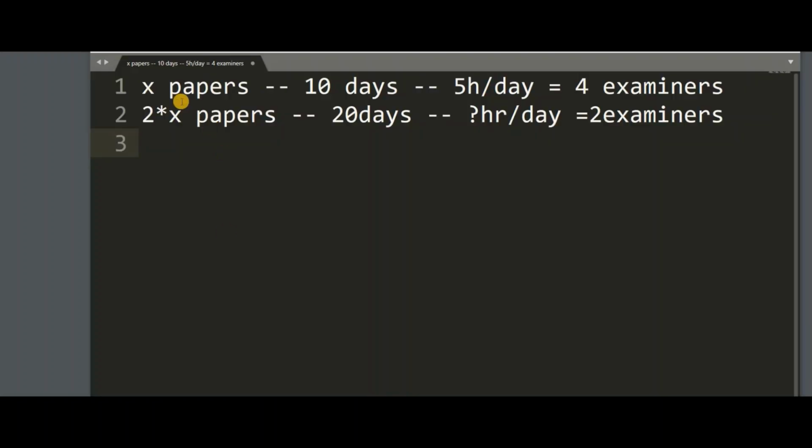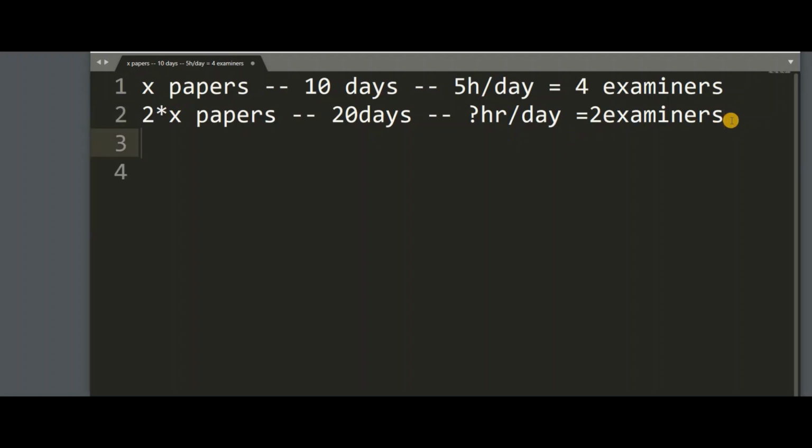So in brief they have given it like this. So for X papers, it takes 10 days and per day 5 hours they will work. So the total number of examiners is 4. And next we have to find for 2X papers in 20 days. So this work will be done by only 2 examiners and how many hours per day they have to work.